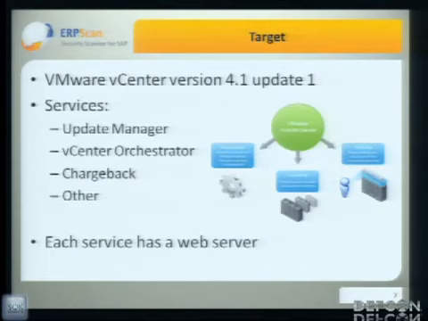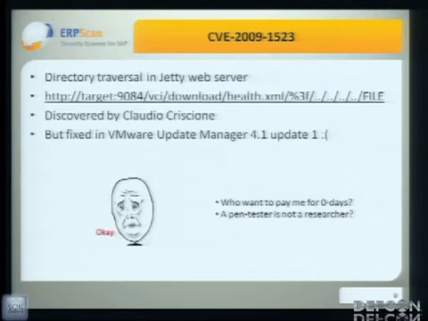So we have vCenter version 4.1 update 1. There are a lot of services on vCenter, like Update Manager, Orchestrator, Chargeback, and each service has a web server and usually uses Java technology. So the first thing we found in a public source was an old directory traversal discovered by Claudio Crestoni.